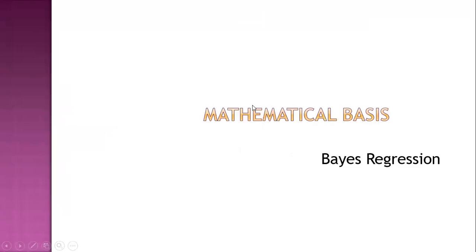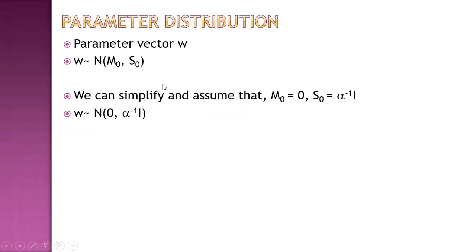Now Bayes regression. This is our topic for today. So we need to first define the prior of the parameters, that is the distribution of parameters. So parameters are, let us say, normally distributed with mean 0 and variance as alpha inverse identity matrix.